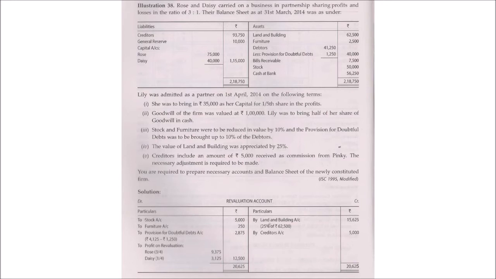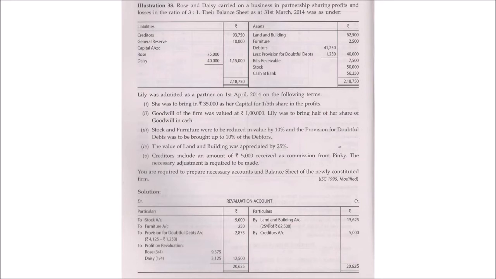Here 4,125 minus 1,250 is 2,875. It is the increase in the value of provision for doubtful debts. So, to provision for doubtful debts 2,875.